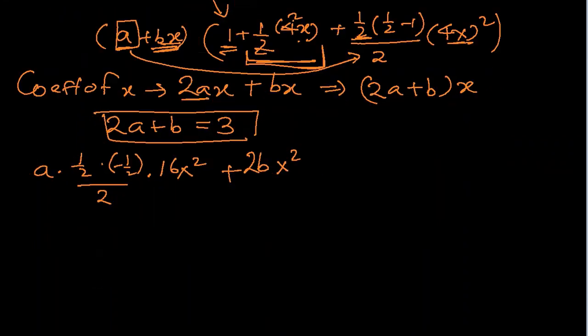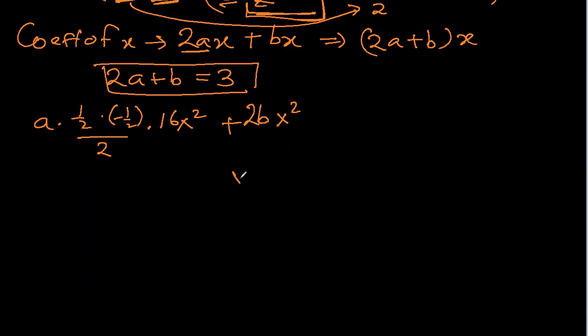the sum of the two, and let's take x square common again from this, just like the previous x. So it will be half times minus half is minus 1/4, divided by 2 will be minus 1/8, multiply by 16, this one, plus 2b. There's a also, I forgot to write a, this a will also be written here.